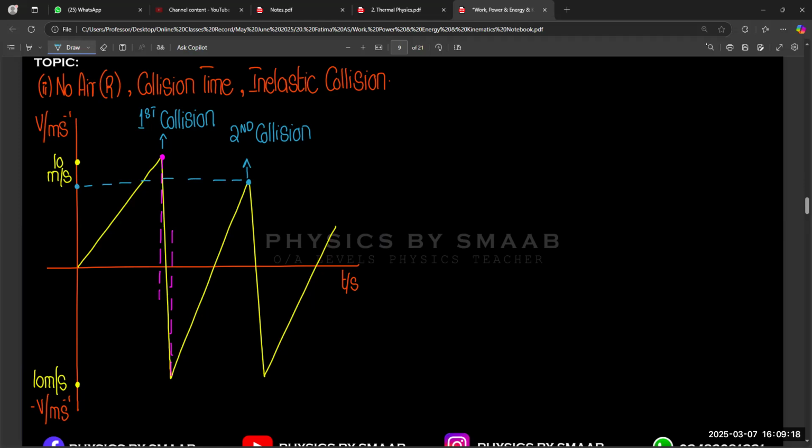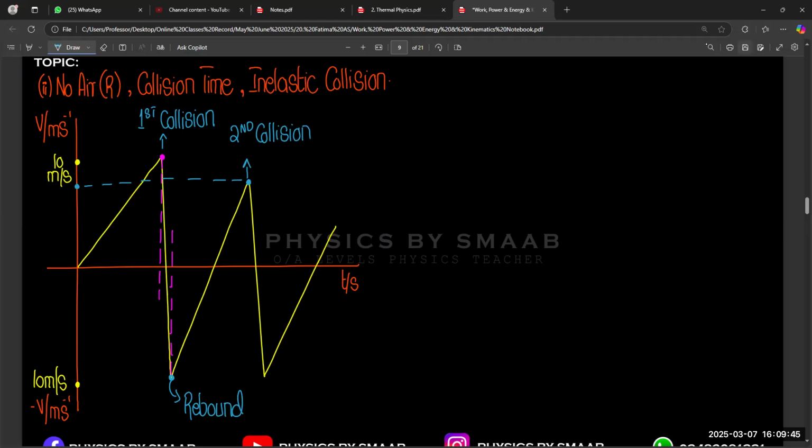So this is the new value, it decreases, and this is the concept of rebound. So this is the whole graphical representation related to the free fall without air resistance.